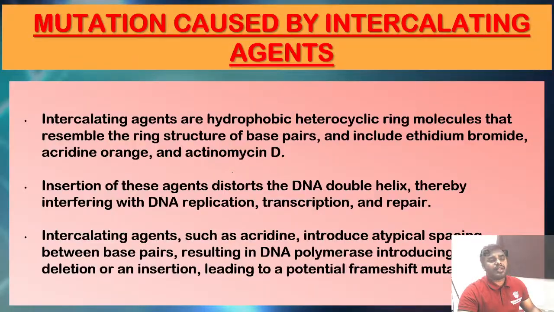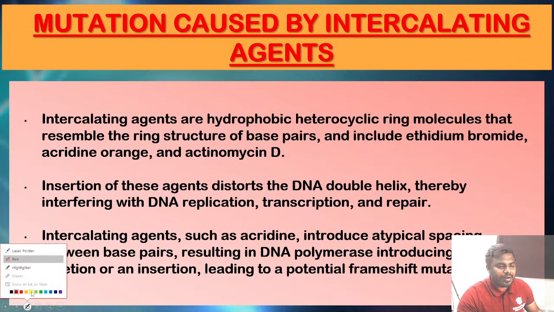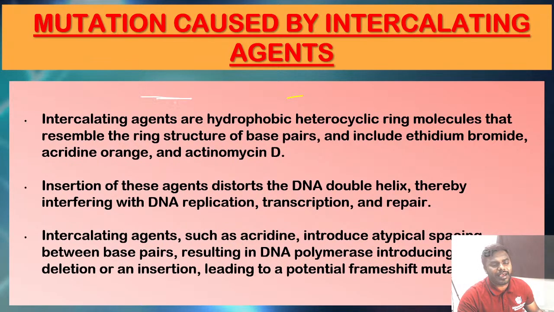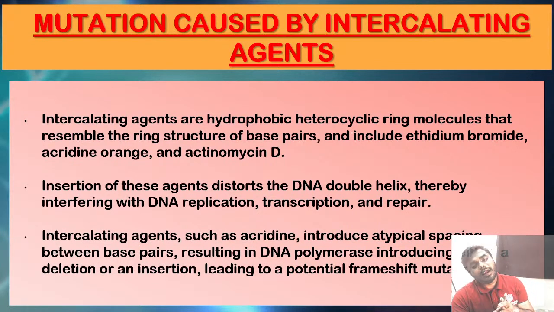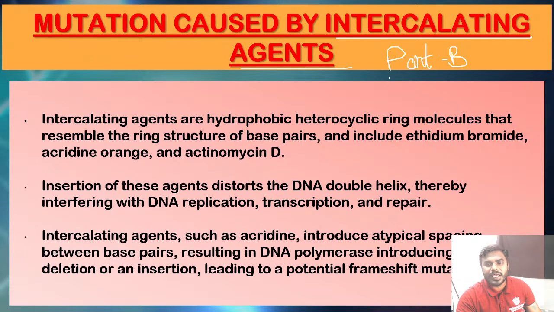Next, another very important one which was asked in our exam also, that is mutation caused by intercalating agents. Okay, everyone listen to my words carefully first. What are intercalating agents? How can I define the word intercalating agents? Everyone listen, friends. This was directly asked twice as a Part B question.